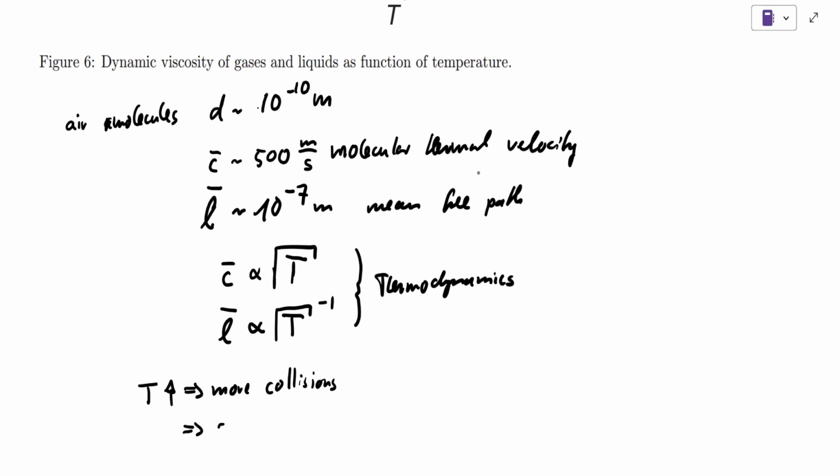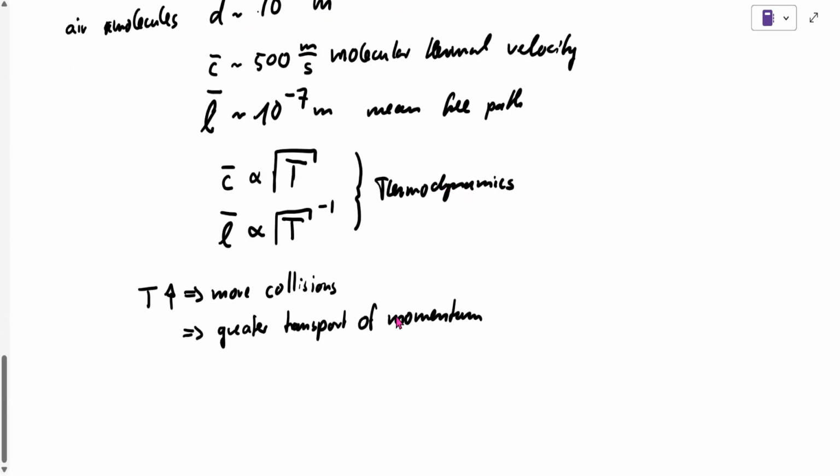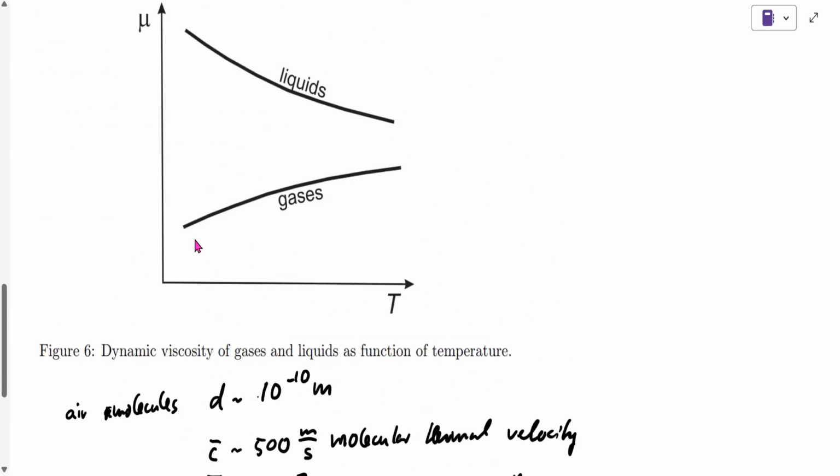So here we see not only more collisions, but also a greater transport of momentum. Okay, that is exactly what we see here. If we increase the temperature, then also the dynamic viscosity increases.